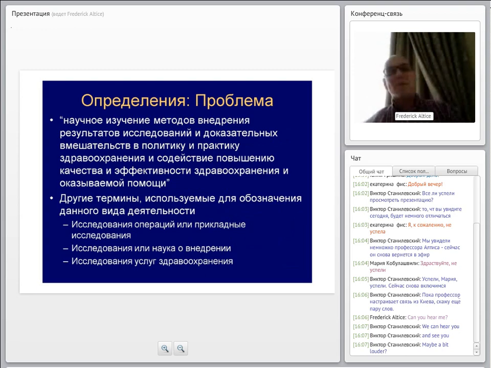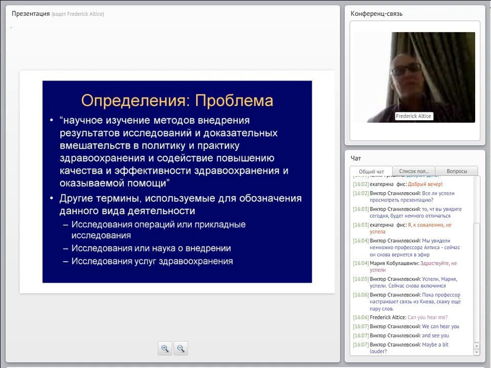One overarching definition is the scientific study of methods to promote the integration of research findings and evidence-based interventions into healthcare policy and practice to really improve quality and the effectiveness of healthcare and healthcare delivery.